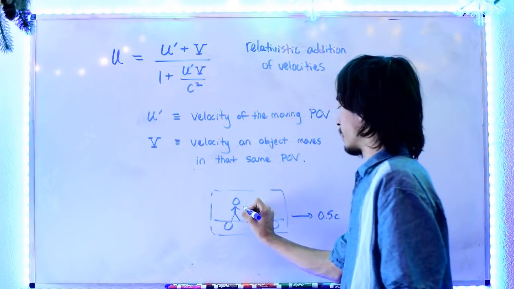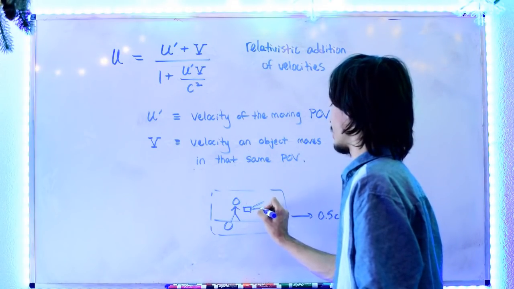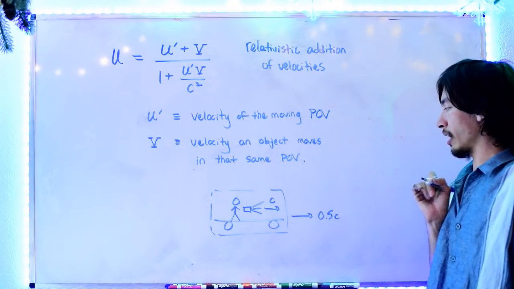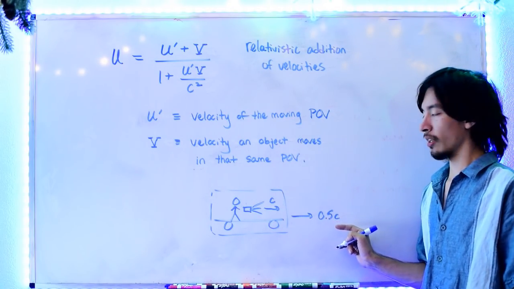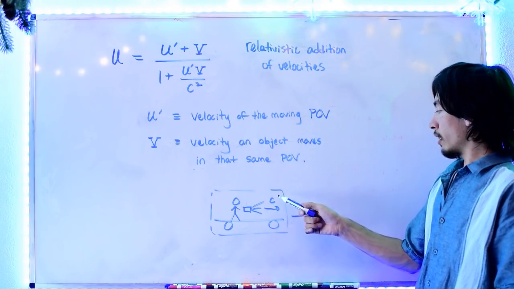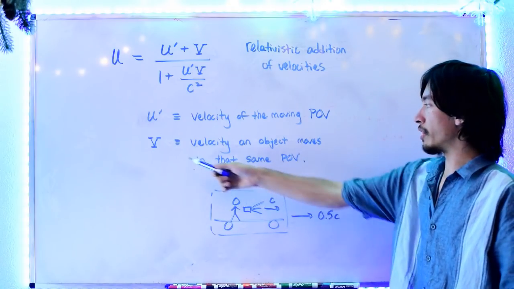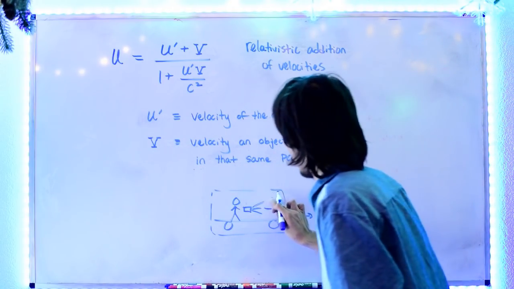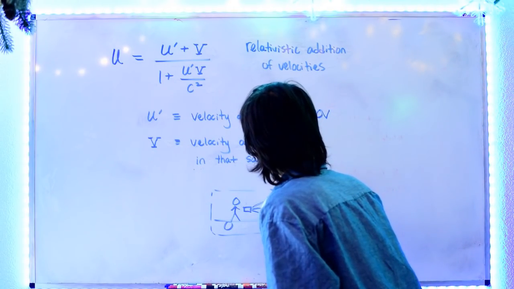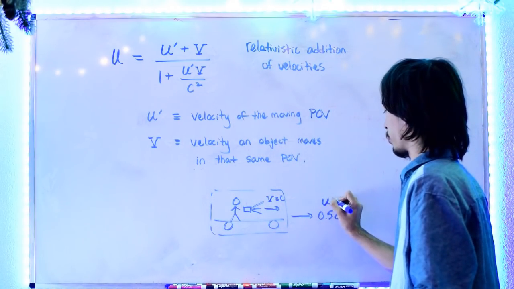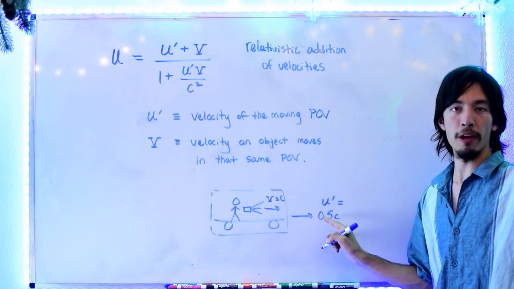Now, they have, in this case, a flashlight, which shines light out with a speed c, and it's in the direction of motion. So this would be your velocity that's in that same point of view. This would be v. Okay, so v is equal to c, and this here is u prime. U prime is equal to 0.5 c.